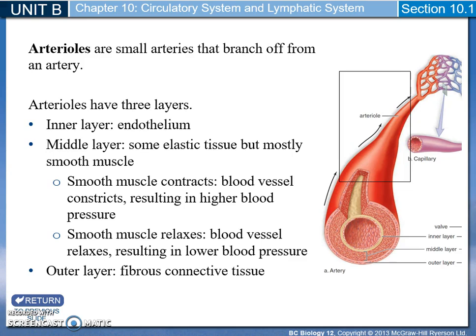We've talked about the different types of muscle tissue, and here we have the smooth muscle, which can contract, and that causes the blood vessel to constrict, and that results in a higher blood pressure. And when they relax, obviously, that results in lower blood pressure. And then you have the outer layer as well, which is the fibrous connective tissue.